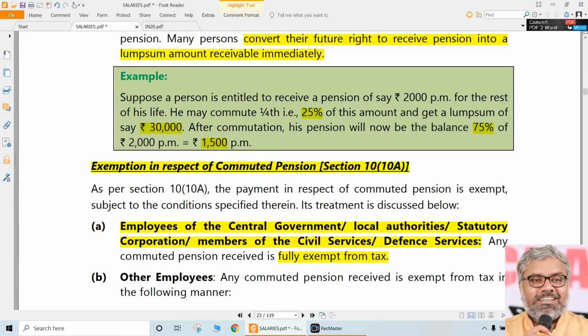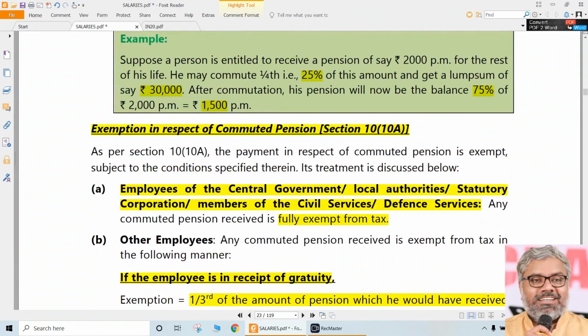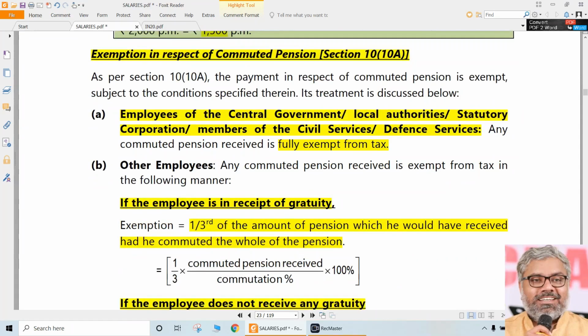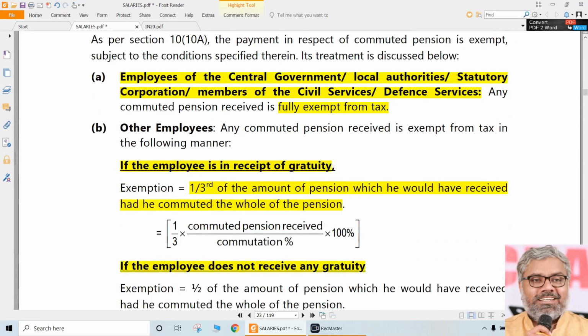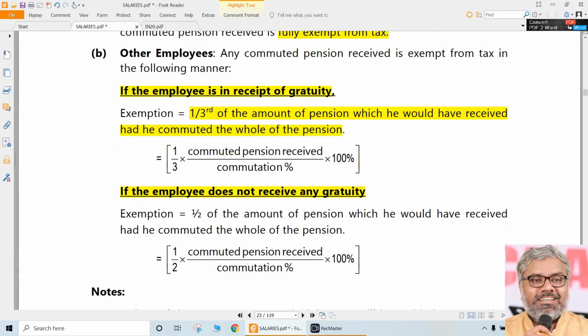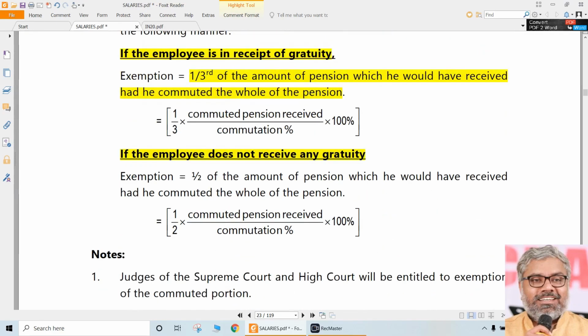Not possible. That means it is restricted to 30,000. Is there any commuted pension that is taxable in this particular case? Answer is no. Nothing is taxable. So whatever the commuted pension received into 100 divided by commutation into 1/3 of that will be given as exemption at maximum if the employee is in receipt of gratuity.